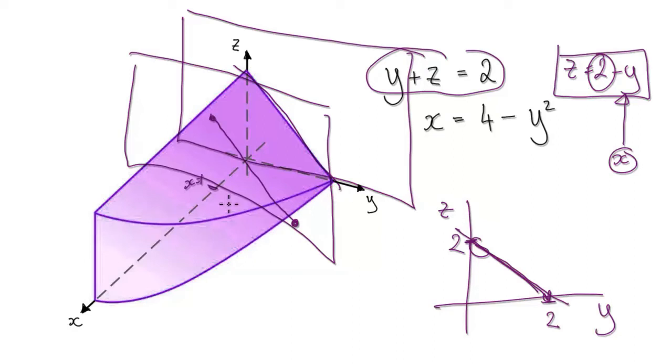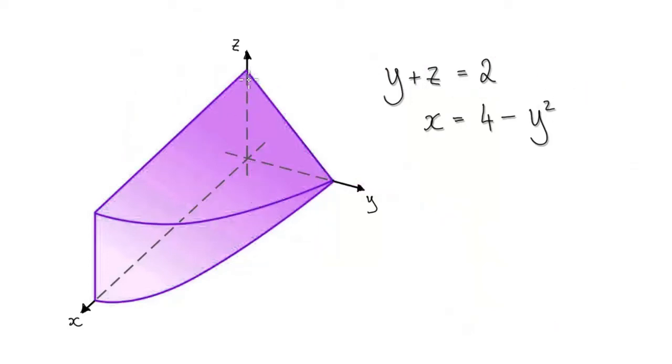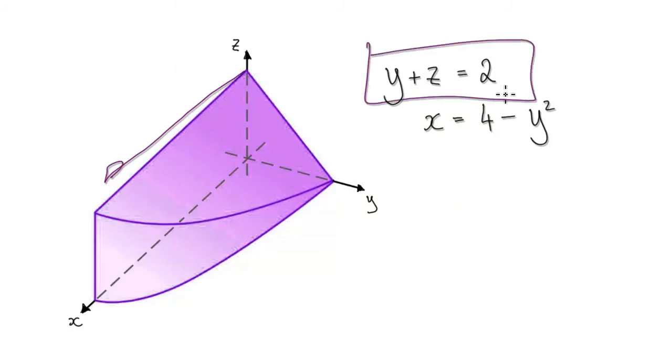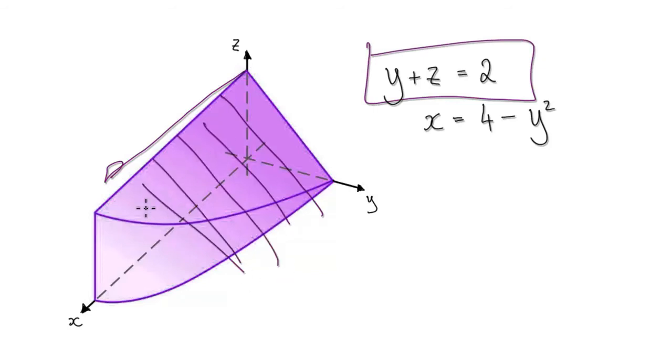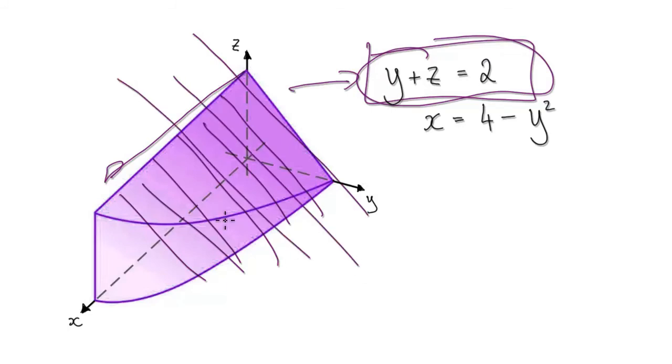The absence of a z means that everything along here will satisfy this equation. So really you're going to get a trace in the x direction. Anything along this diagonal line will satisfy this equation. Basically this is a plane where the gradient is -1.